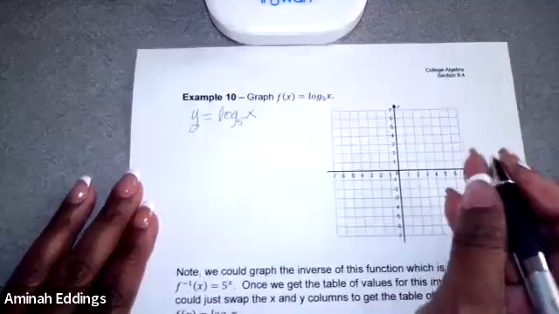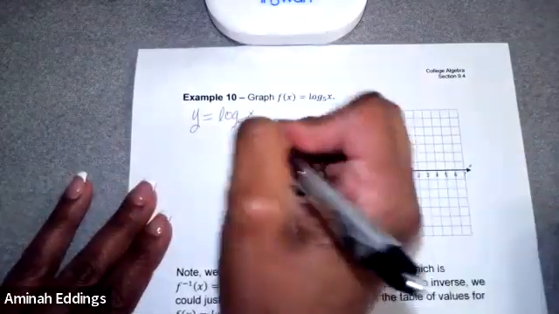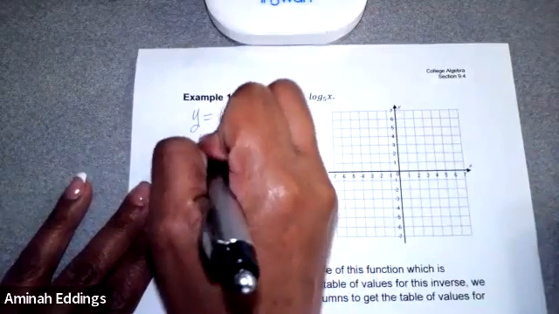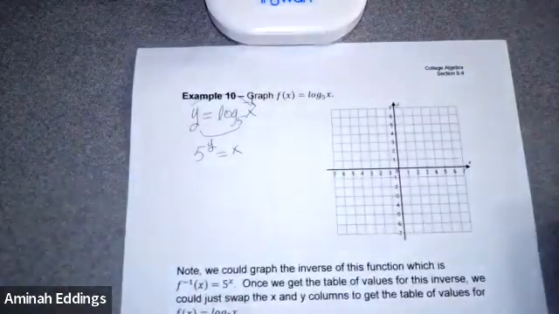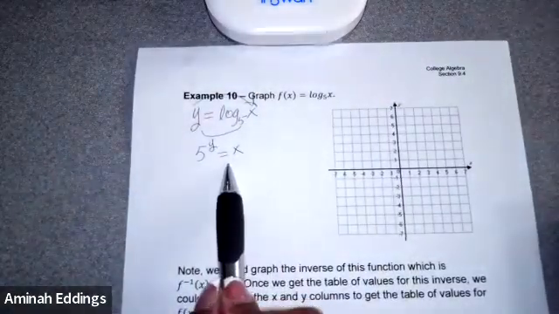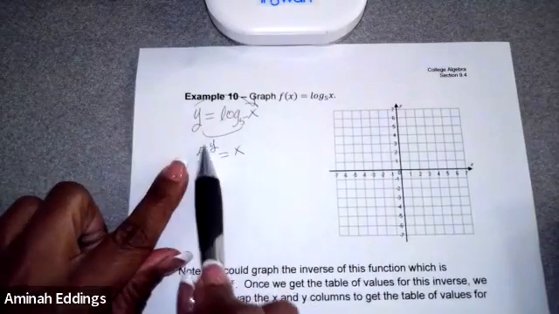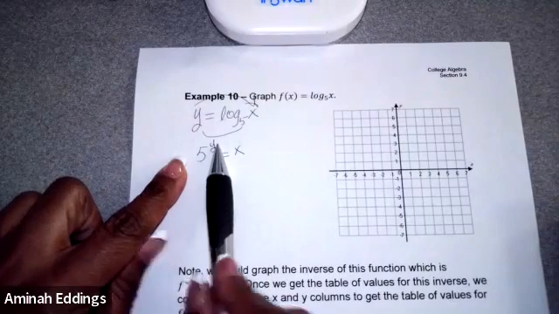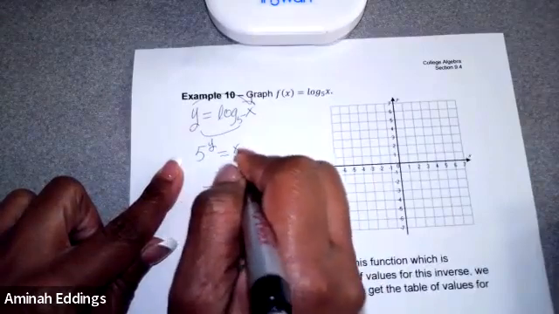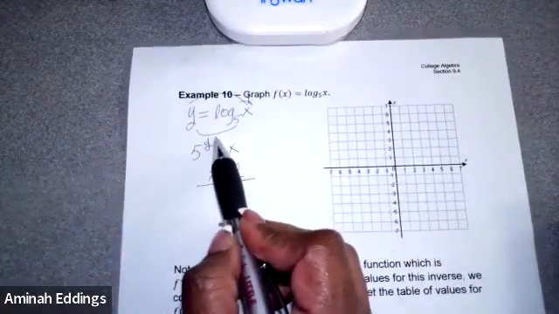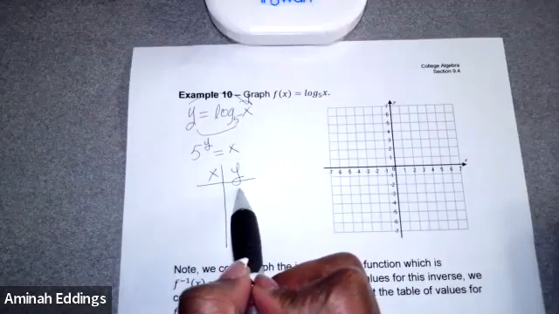This is logarithmic, so how do I put it in exponential form? 5 to the y power is equal to x. If I wanted to graph this by hand, we're not going to do it, but I now have an exponential equation, and so I need to determine values for y, plug them in to get my x value.